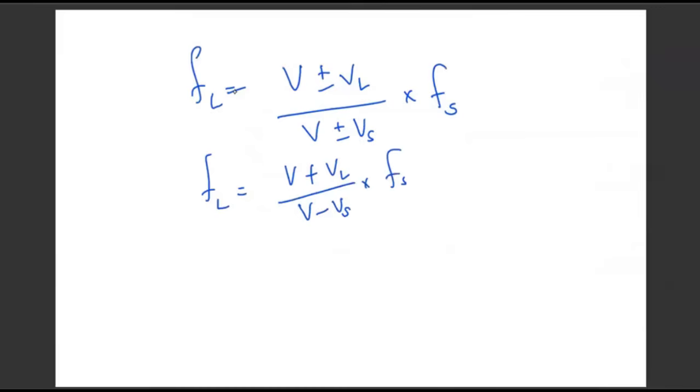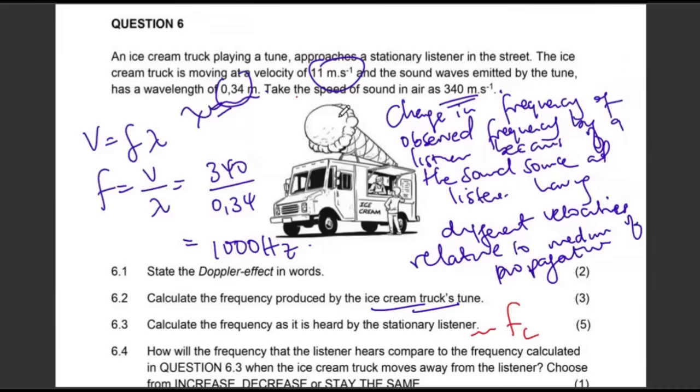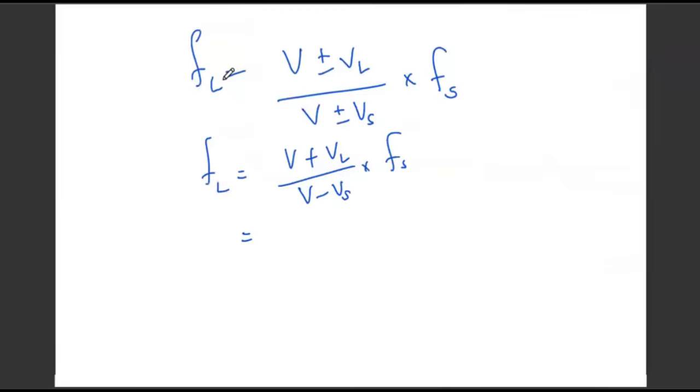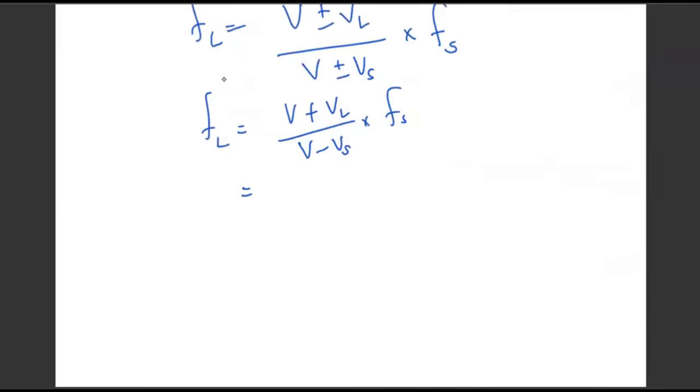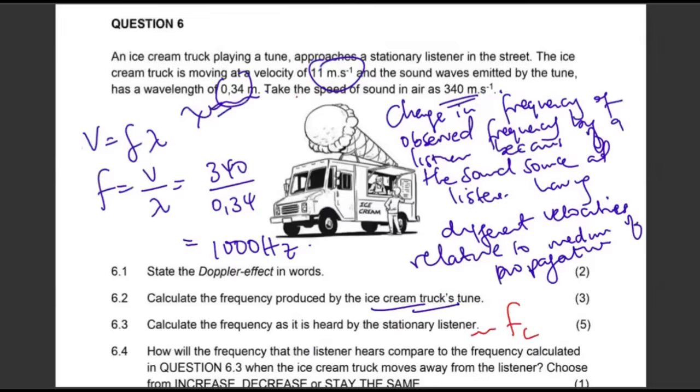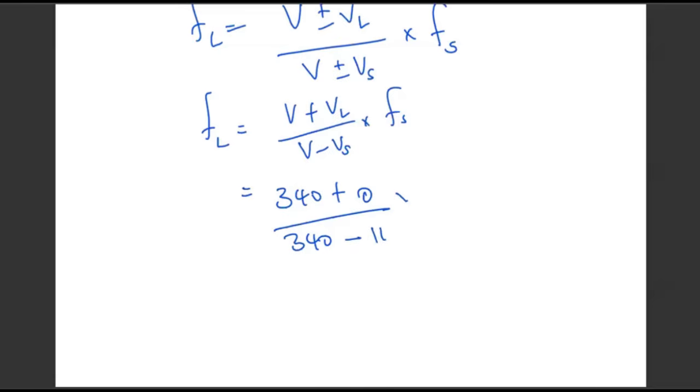So let's substitute. What are we looking for? We want the frequency of the listener. So it's going to be 340 plus the velocity of the listener, which is 0, over 340 minus the truck's velocity, 11 meters per second, times the frequency we got, which was 1,000.